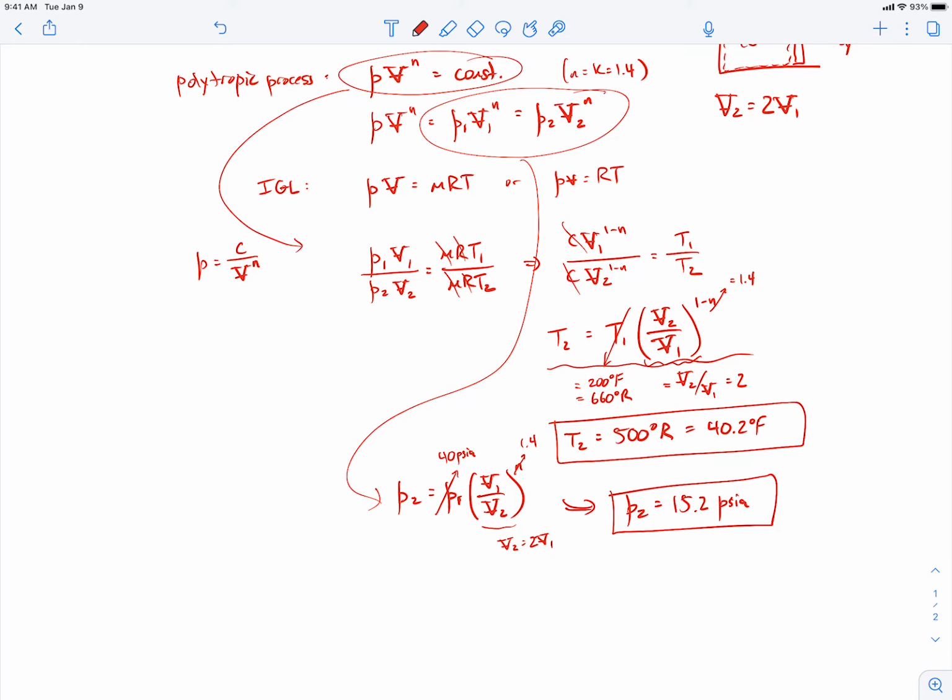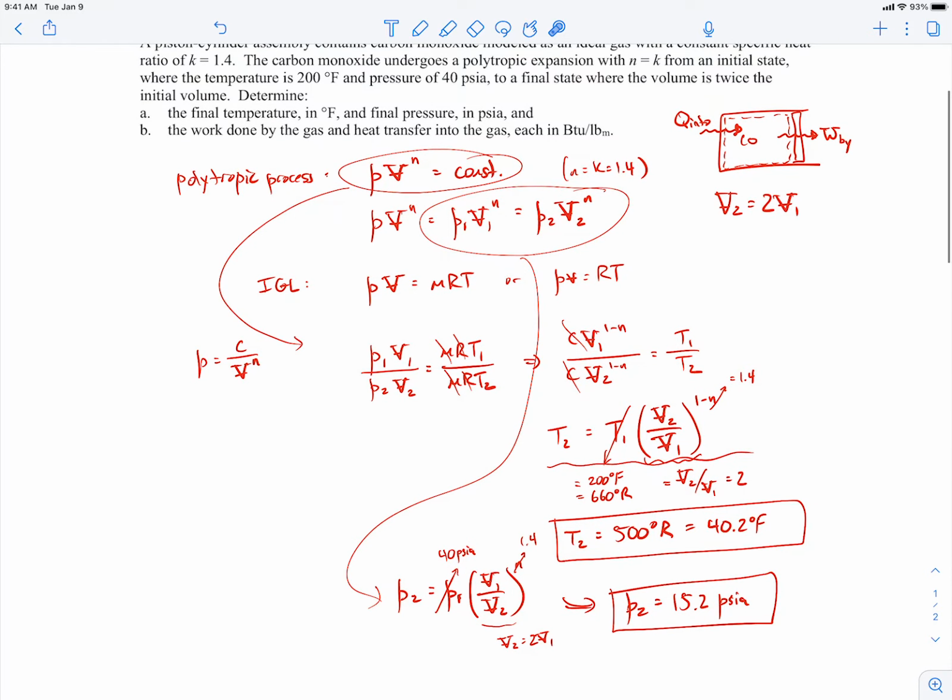Okay, so that part of the problem was just a matter of making use of the polytropic process relation along with the information we're given about how the volume changes. So that's good. We've gotten part A completed. Now let's do part B. This is finding the work done by the gas and the heat transfer into the gas.